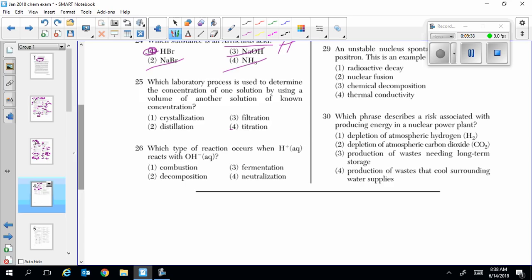Okay, that's titration. If you're not sure, look at Table T, and it's got MAVA equals MBVB. That's doing a titration. All right, which type of reaction occurs when H+ reacts with OH-? So that's an acid reacting with a base. That's neutralization.